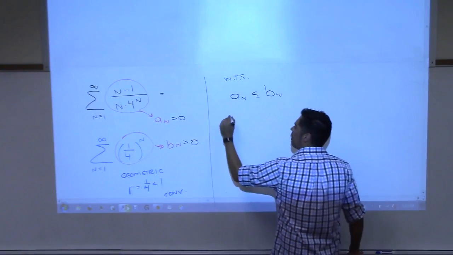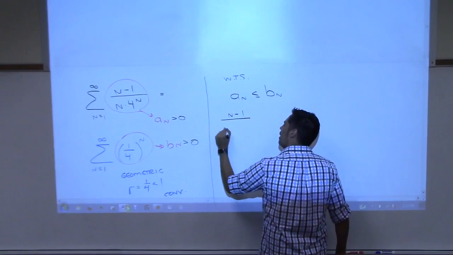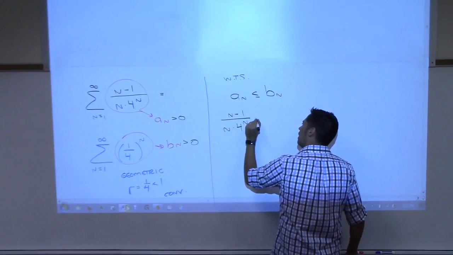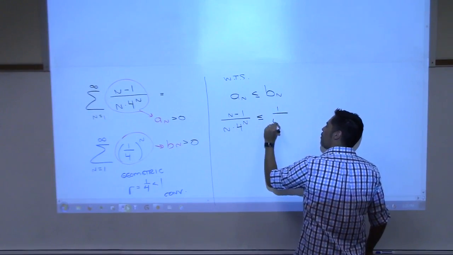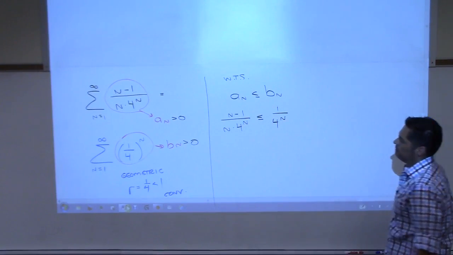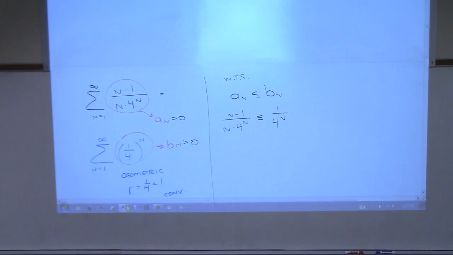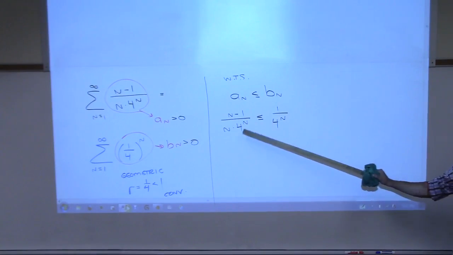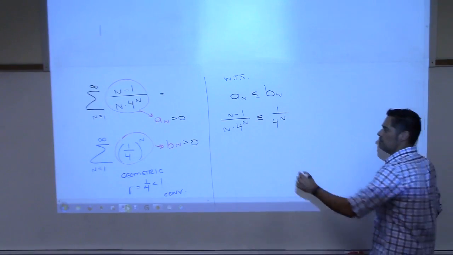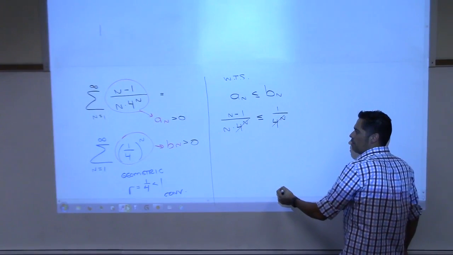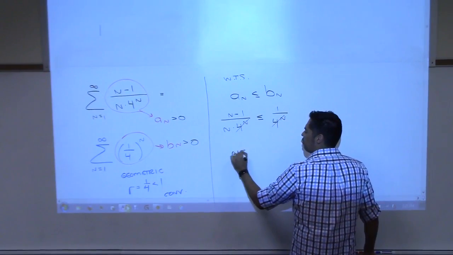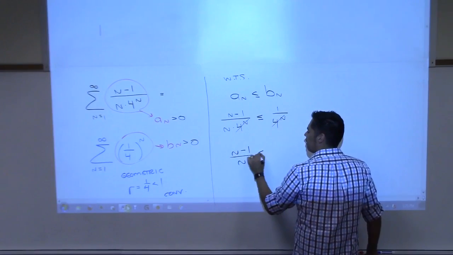And so I want to show that n minus 1 over n times 4 to the n is less than or equal to, how about I write 1 over 4 to the n instead of 1/4 to the n. Oh, this is going to be so nice, isn't it? These cancel out, 4 to the n, right? Cancel. Gone, gone. And what am I left with? N minus 1 over n less than or equal to 1.